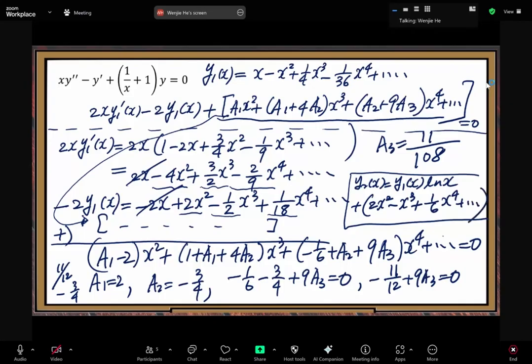Then we complete the whole solution, the basis, two basis functions, y1, y2, in this way.